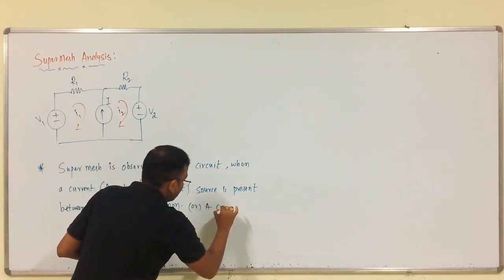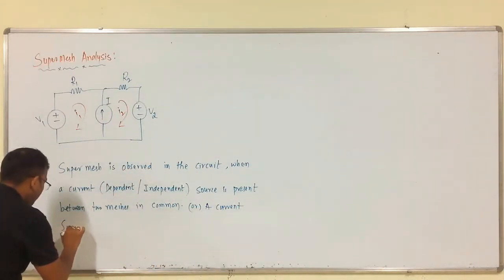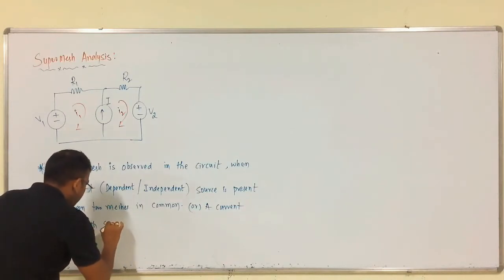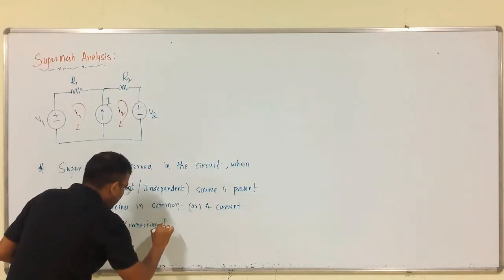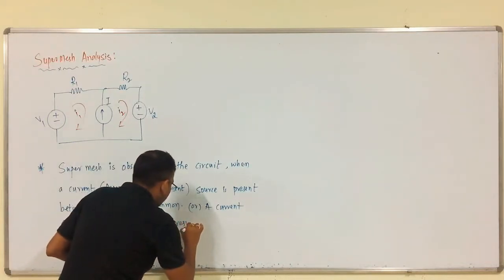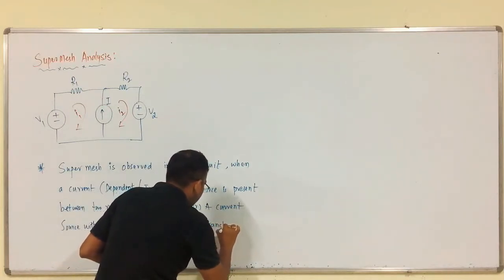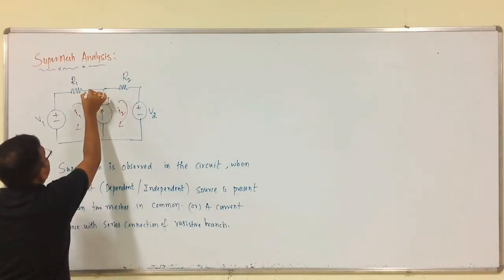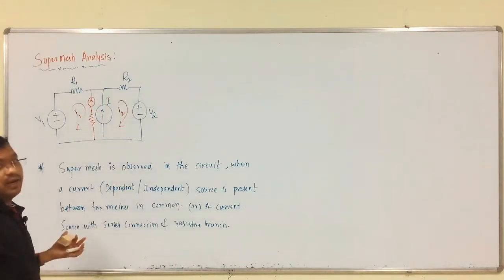a current source in series connection with a resistive branch. Means between these two terminals we have a current source in series with some resistive branch.